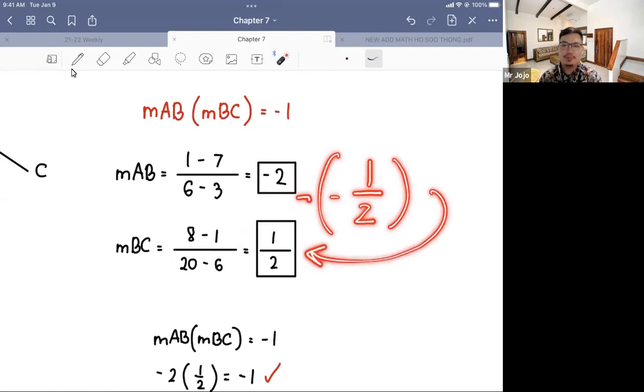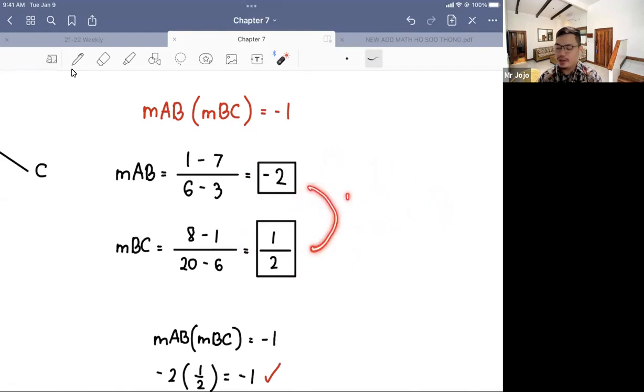So again, the word is negative reciprocal. Same goes with 1/2. If you take the reciprocal of 1/2, you will get 2, and the negative reciprocal makes it -2, which is this one. It's always vice versa. Just remember the negative reciprocal of the other gradient.